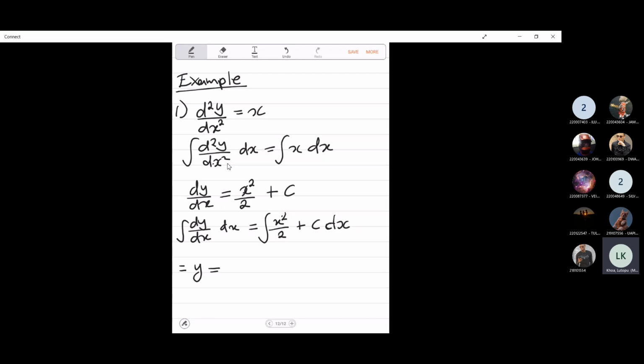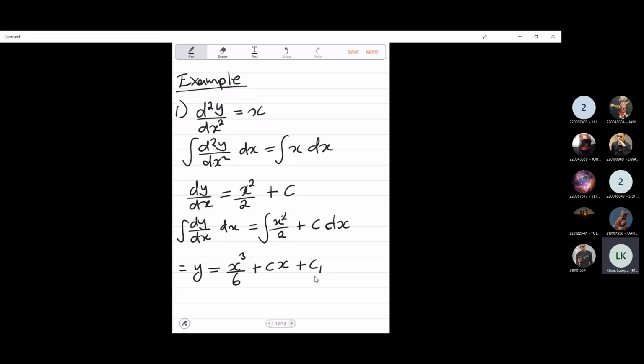This is equal to x to the power of 3 divided by 6, and then plus cx, and then I have another constant here, c1. So I call this one c1 to distinguish it from that one. It's not necessarily the same constant. So sometimes we call this one c1 and c2 and so on, depending on how many times you will have to integrate. So this is the general solution.